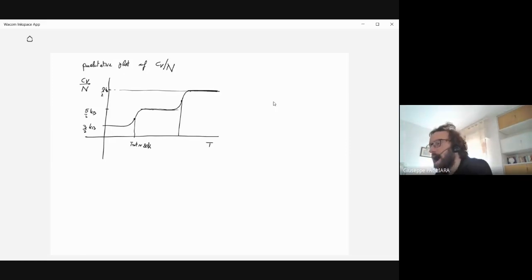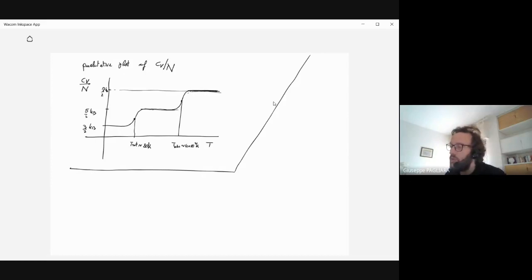And finally, at a temperature T vibrational of the order of, I think, 6 times 10 to 3 Kelvin, I finally excite the vibrational degrees of freedom, and so at some point I will reach another plateau, which is this classical plateau at 7.5 kB as heat capacity per particle.